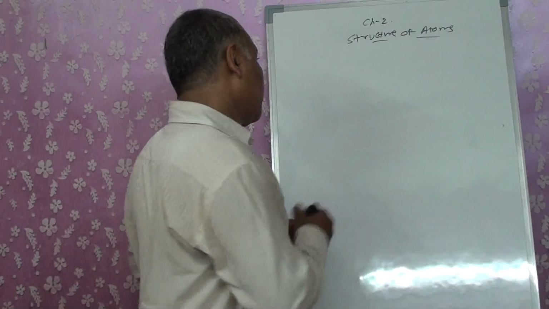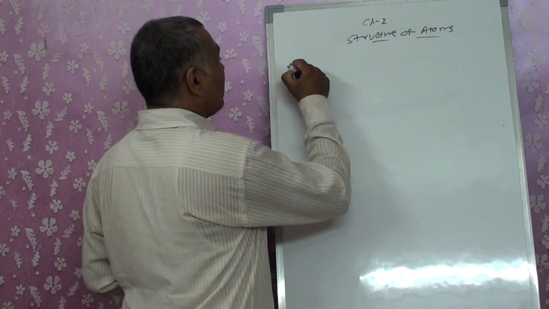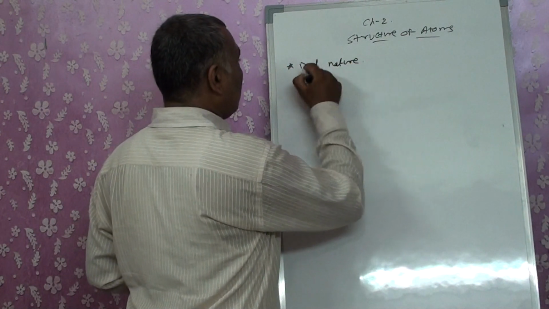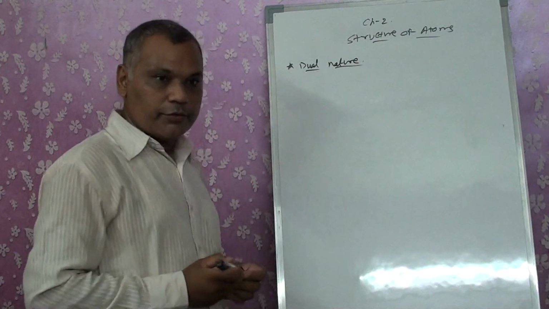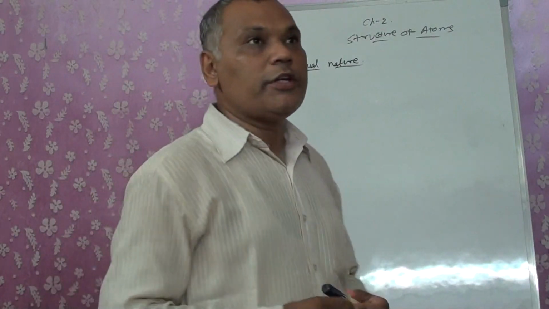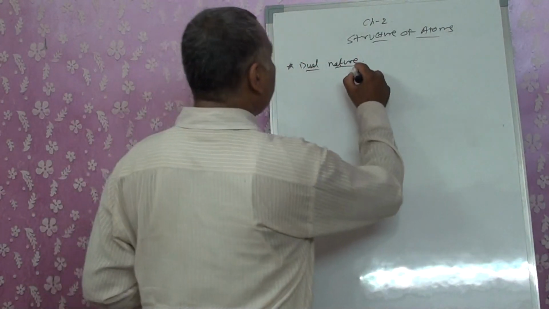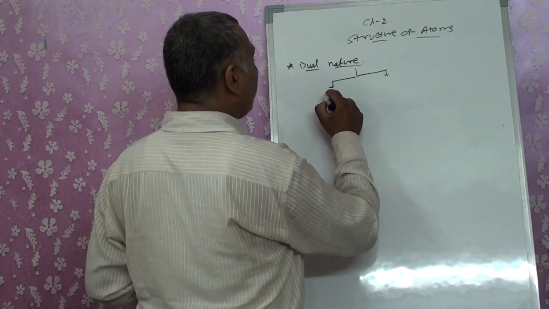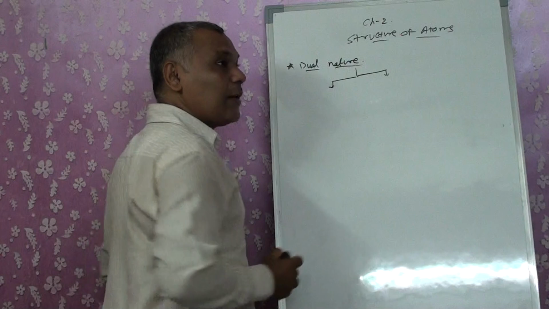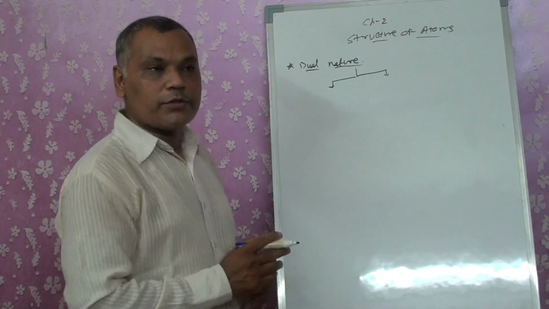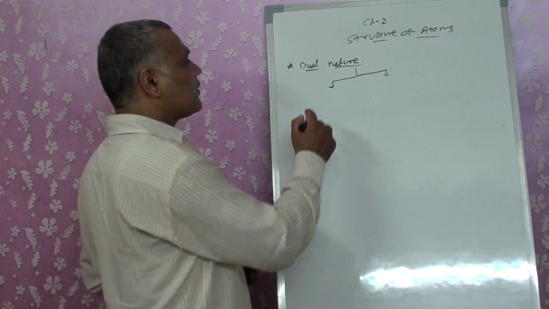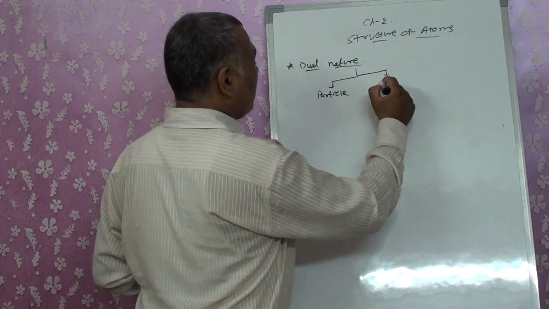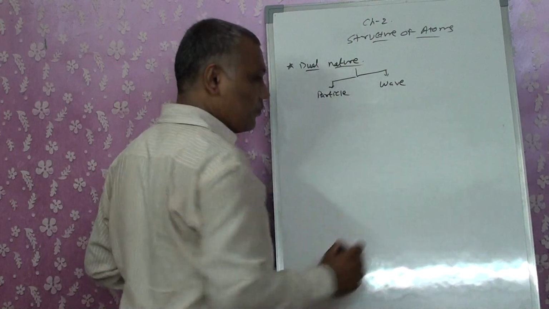What happens? So for them, the word dual nature was being used. What does this dual nature want to indicate? This dual nature wants to indicate that these small subatomic particles, protons, neutrons, or whatever subatomic particles are there, behave as a particle, and they behave as a wave.